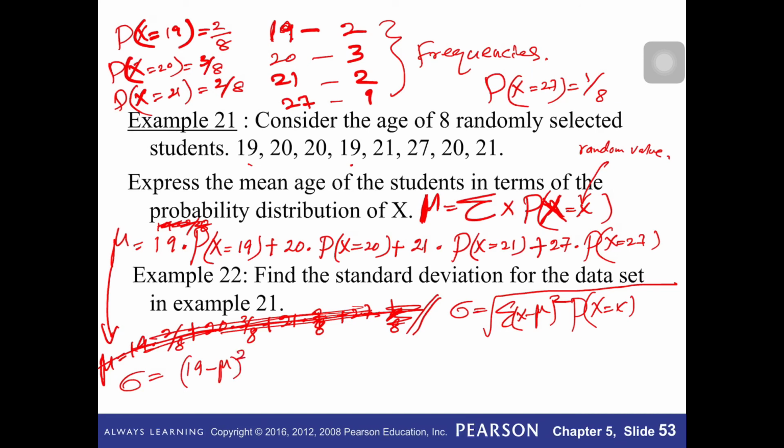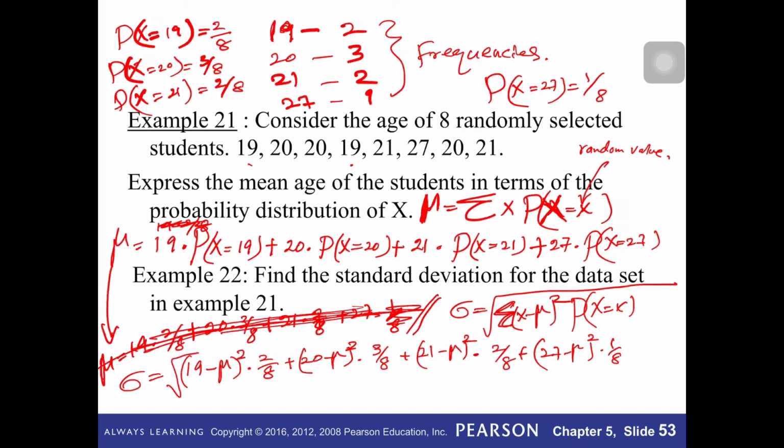Squared times the probability of X equal 19, 2 over 8, plus, because this is a summation, 20 minus mu squared times 3 over 8, plus 21 minus mu squared times 2 over 8, plus 27 minus mu squared times 1 over 8. Square root, don't forget this square root.